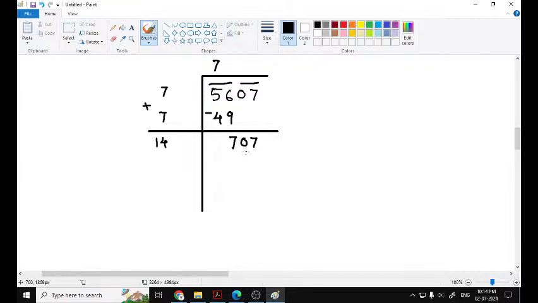So our number is now 707. Let us consider this. 14 5s are 70. So let us try for 5. This is greater than 707, so we will write 4.